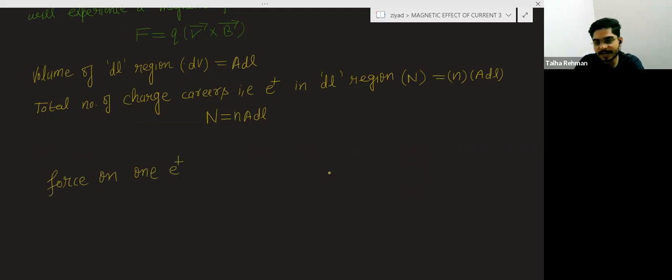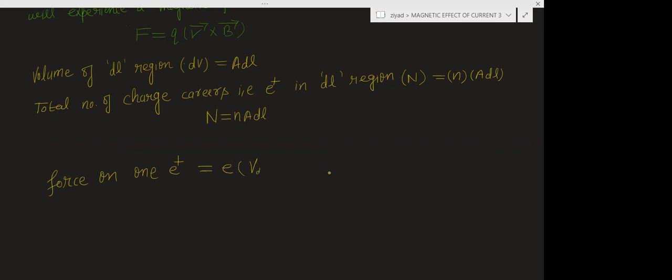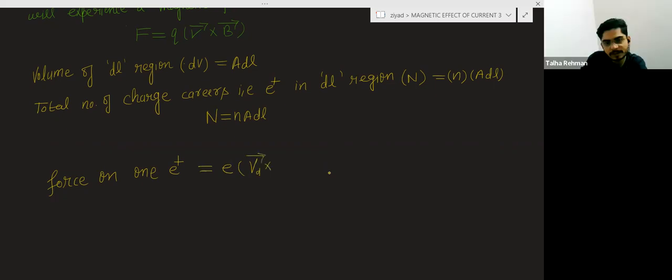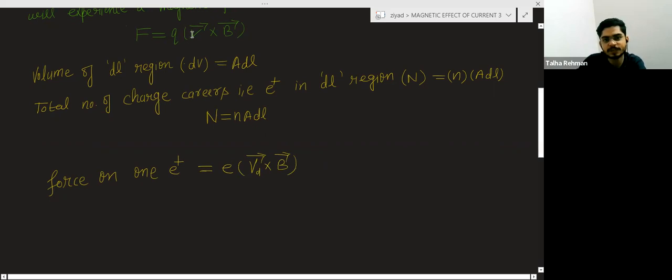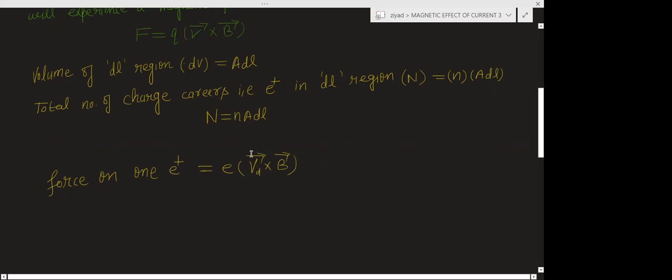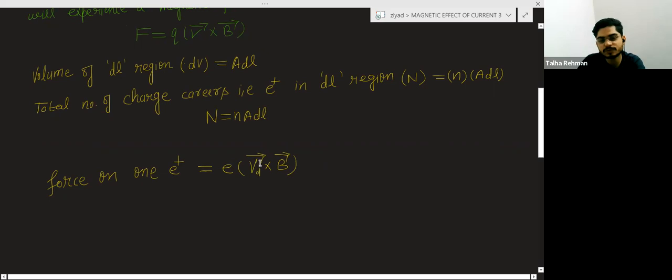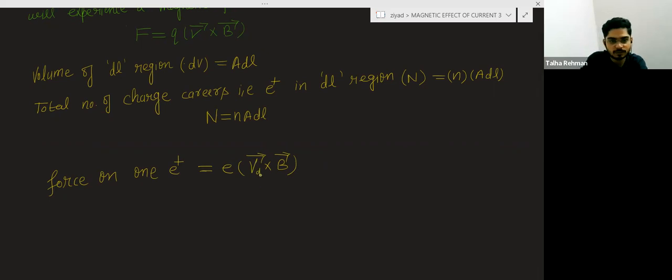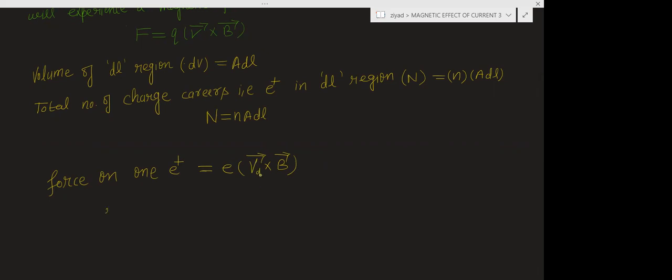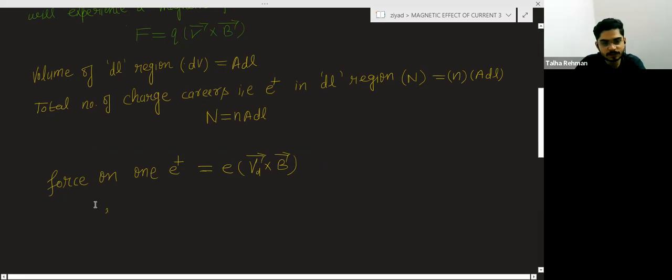And remember that this e positive is moving with the drift velocity. So what will be the force on 1 e positive? Charge into drift velocity cross magnetic field, from the formula charge into velocity cross the magnetic field, because this e positive is moving with the drift velocity. So this force is on 1 e positive.